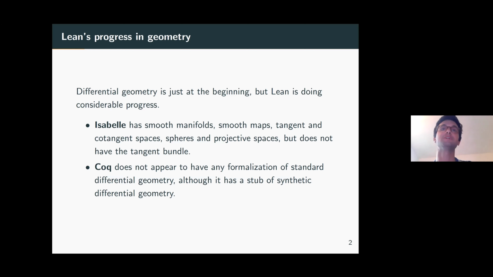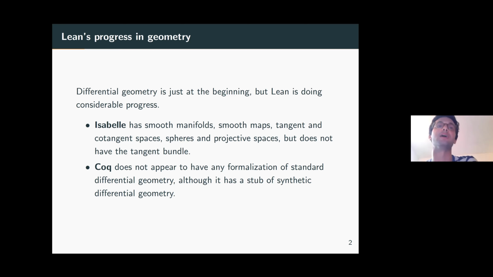I actually looked into this formalization myself, and I'm pretty sure that it is not possible with the current formalization to formalize the tangent bundle. One has to rewrite a considerable amount of code. And Lean actually does have a tangent bundle, so it should not be taken for granted. It's a nice thing that Lean has it already.